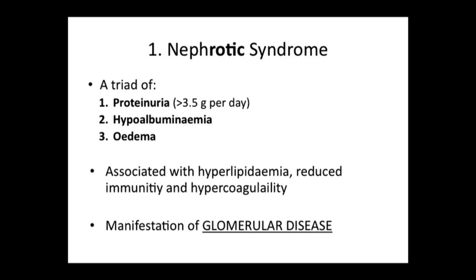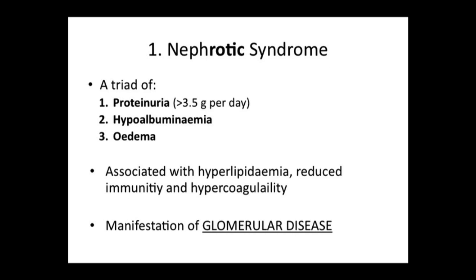With that as well, you also get a few other things that the people who are doing their finals will probably be more interested in. You get a hyperlipidemia, an elevation of lipids. You get reduced immunity, so these people are very vulnerable to infection. The reason for that is if you lose protein, you lose immunoglobulin as well, so you're less able to mount a response to infection.